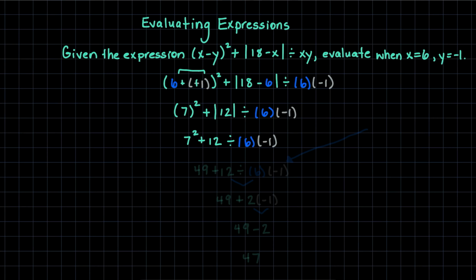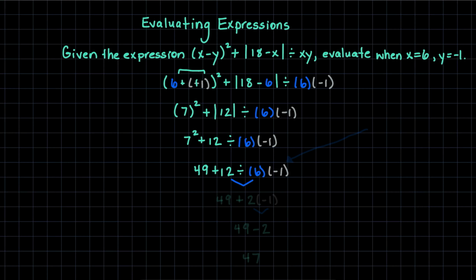Exponent: 7 squared is 49. 49 plus 12 divided by 6 times -1. Okay, now we move on to multiplication and division, and remember they are done left to right.